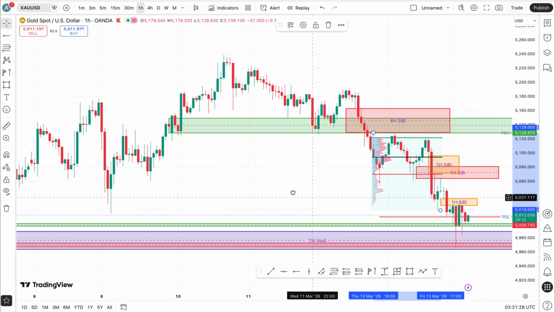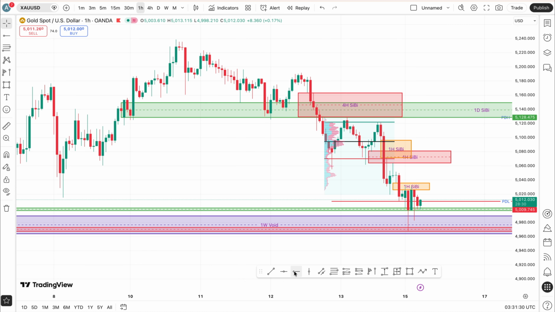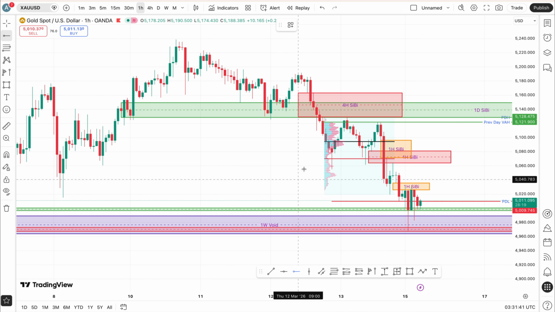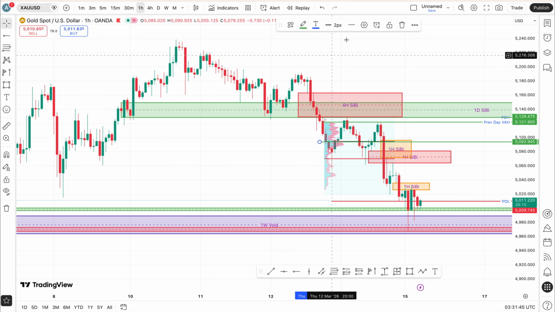So we will first mark the previous day's value area high over here. The previous day's POC.